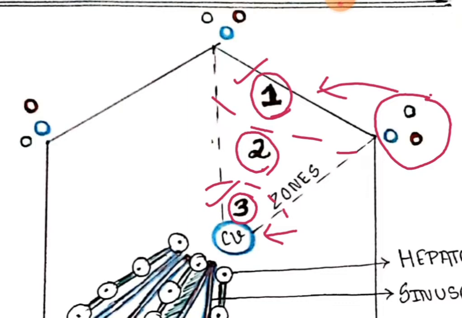Since zone 3 is much farther away from the portal triad, it will receive the least amount of blood. As a result, the zone most susceptible to ischemic injury is zone 3. If there is ischemia, then the zone most susceptible to injury is zone 3, because it is the part furthest from the portal vein and thus receives the least blood supply.